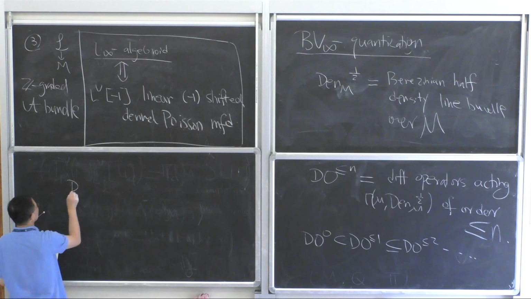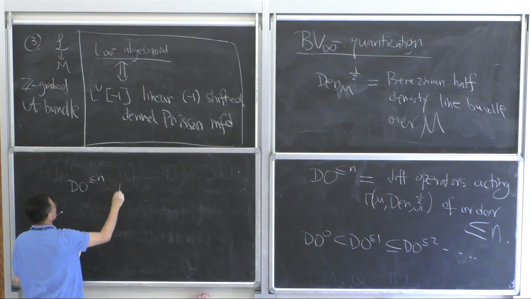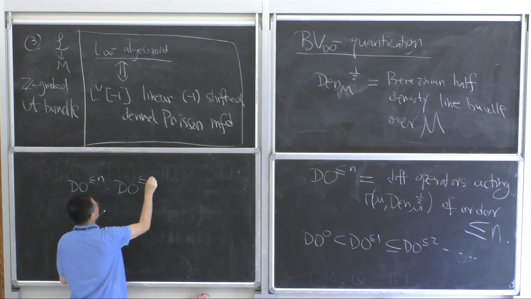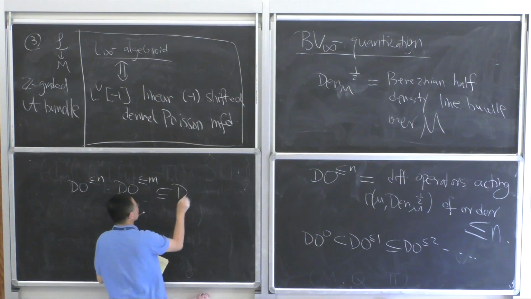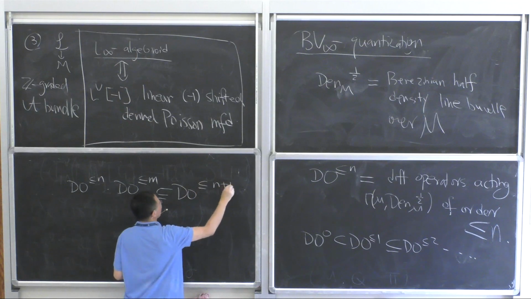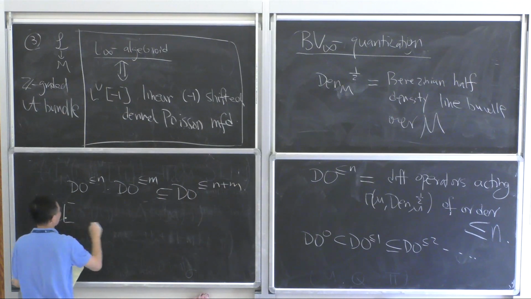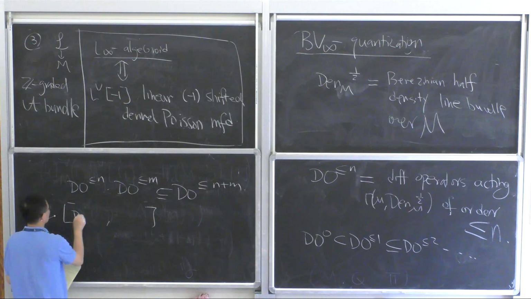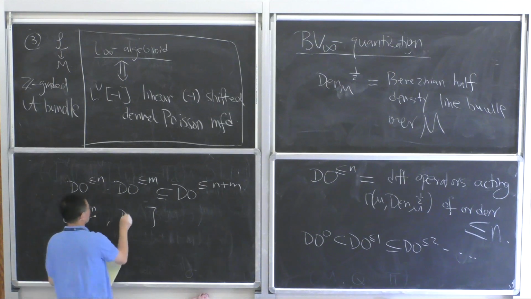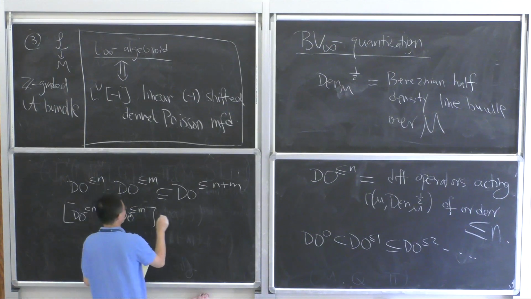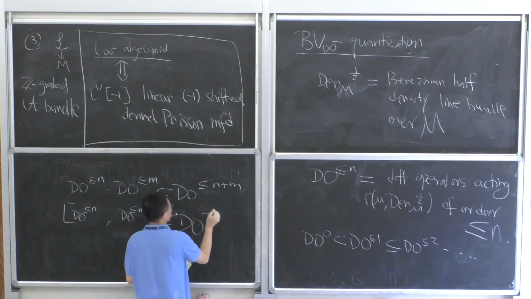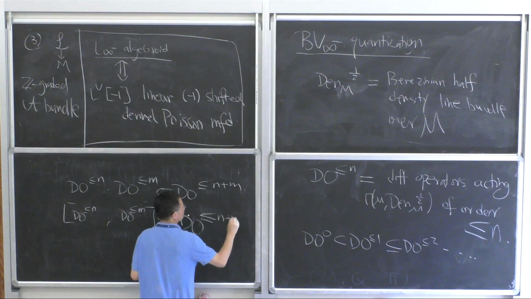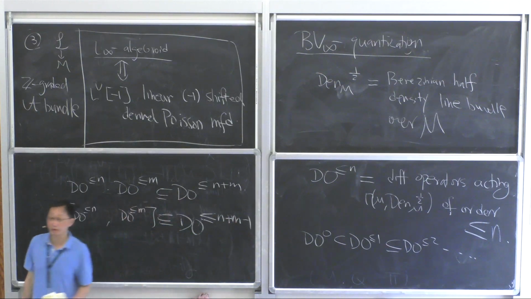You have the composition of order n and order m is a differential operator of order n plus m. The bracket, right? So it's the same thing.